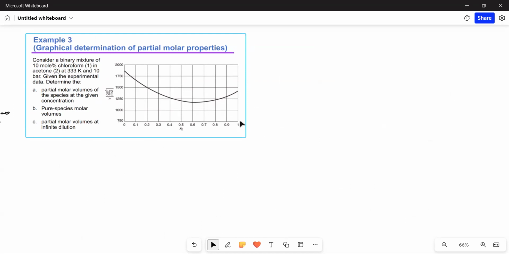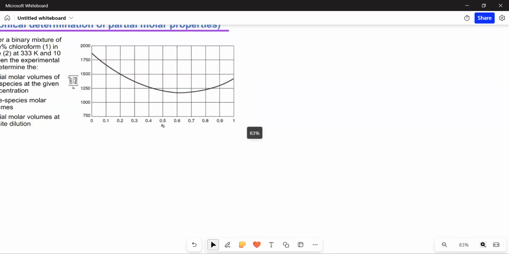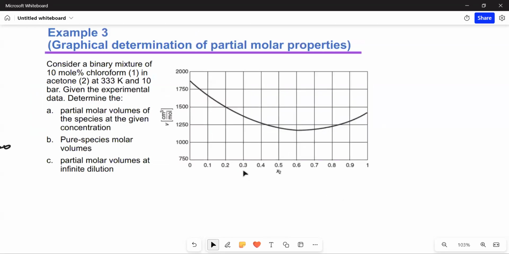This is the experimental data, a plot of the molar volume with respect to x2. On the x-axis, we have x2, and on the y-axis, we have the molar volume.